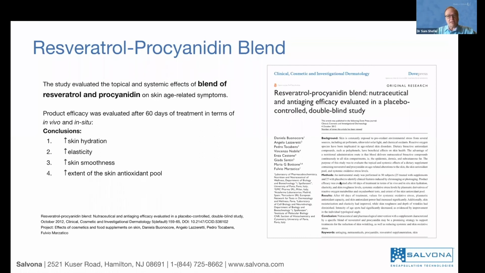There is a method to measure how much reservoir of antioxidant you have. Number five, the systemic oxidative stress level was down, which means you don't have a lot of free radicals causing damage. So these are the five major conclusions that this study found. This study was done in Italy, in a peer-reviewed magazine. So it is established now that the blend has wonderful benefits for the skin.